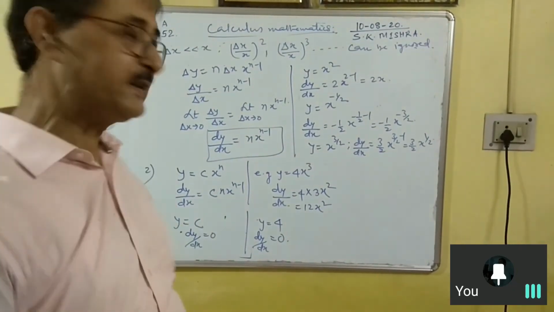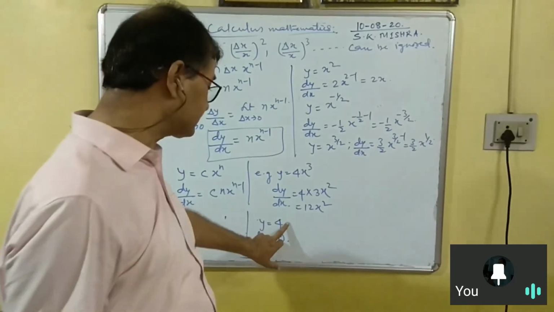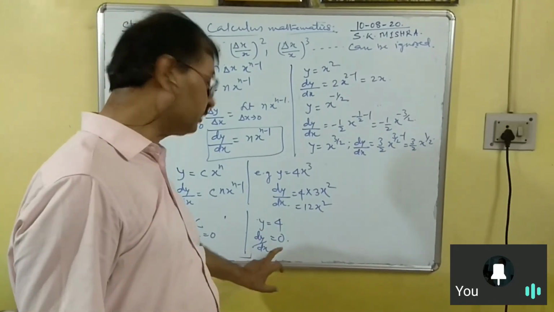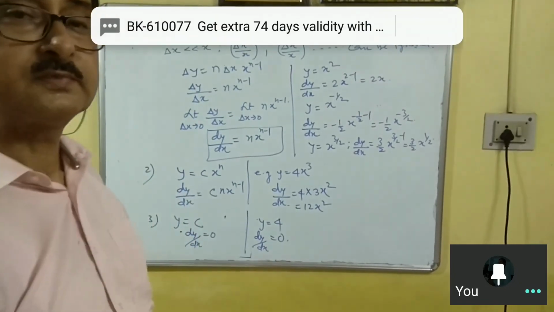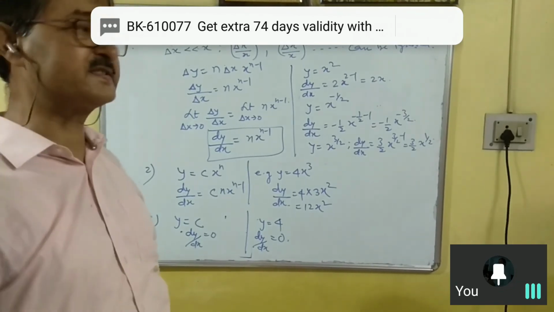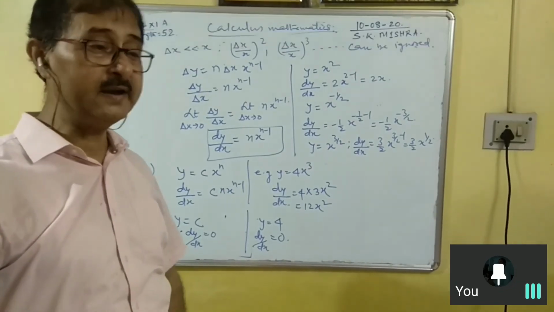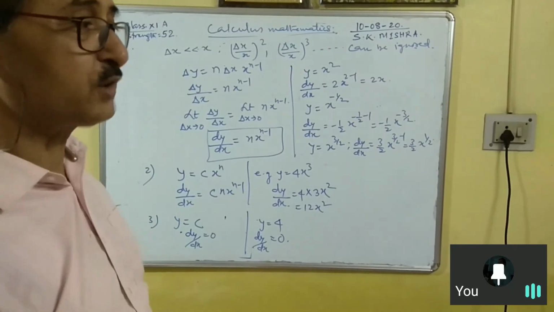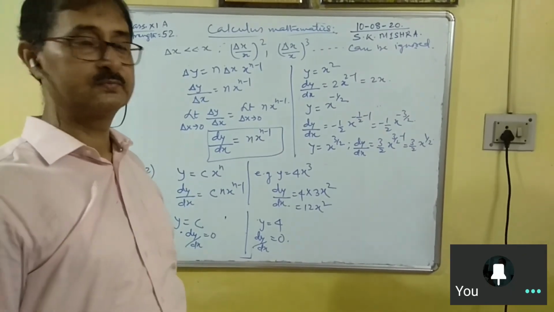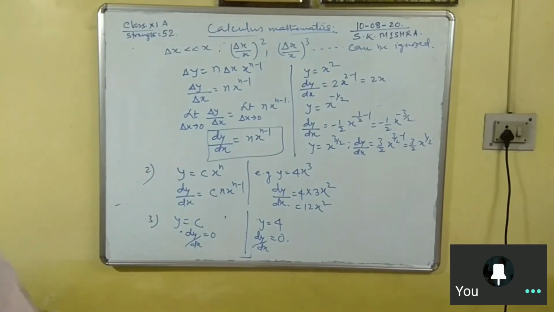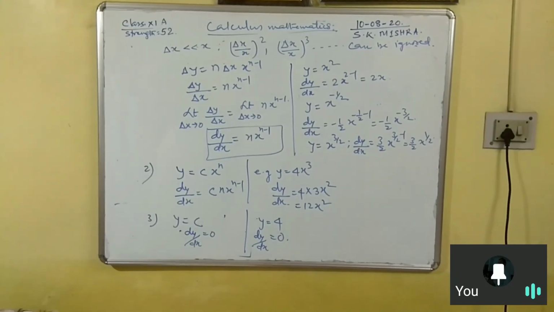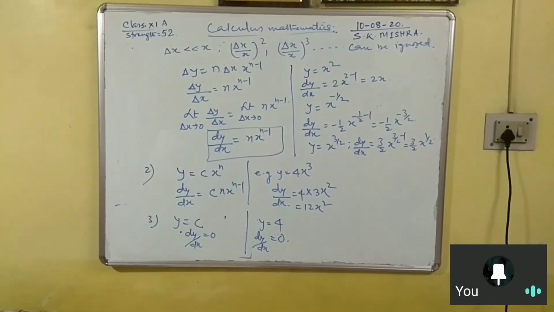So if this part is not a function of x, then dy by dx is equal to 0. Differentiation of a constant is 0. So keep it in mind, differentiation of a constant is always 0. Okay? Then we have to finish the lecture because time is already over.